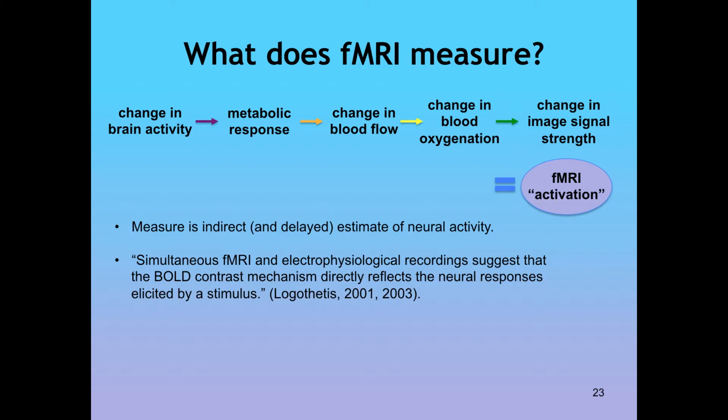So we often make the mistake of saying we're measuring neural response to the stimuli, when in actuality it's a measure of this signal strength that we get as a result of all of these things, which we ultimately think are due to the neural response in the brain, but this relationship is not a direct relationship.